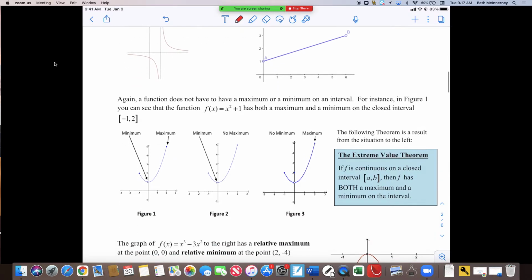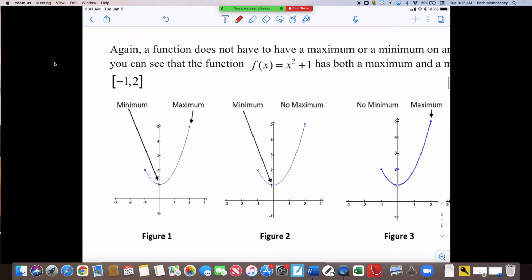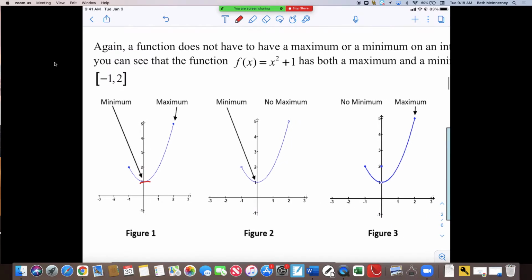Now look below. This is on the closed interval -1 to 2 for figure 1. Do you see there's dots? I do have a minimum, and I do have a maximum. Do you see that on figure 1? Here's a minimum, a global or absolute minimum, also a relative, and then I have an absolute maximum. But look at figure 2.